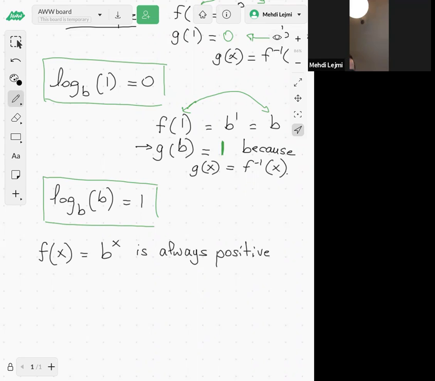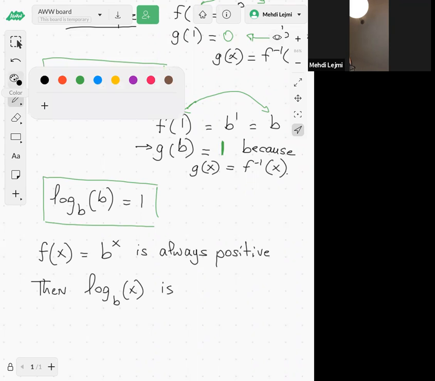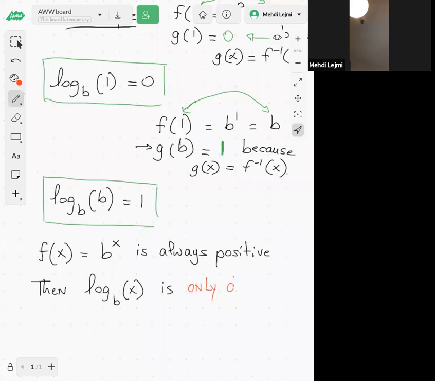So log in base b of x is only defined for positive x. If you have a log of x, then x must be positive.